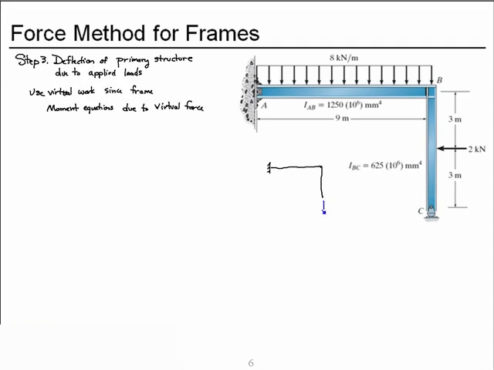We have our unit redundant, not our unit redundant, our virtual force applied at point C, and we'll have one equation for moment. We'll call it x1. We'll start at point C, and it will continue up 3 meters to where the concentrated force was applied. Then we'll need a new equation. We'll call it starting at x2. And if we look from this side, we'll need a new equation from B to A, and we'll call that x3.